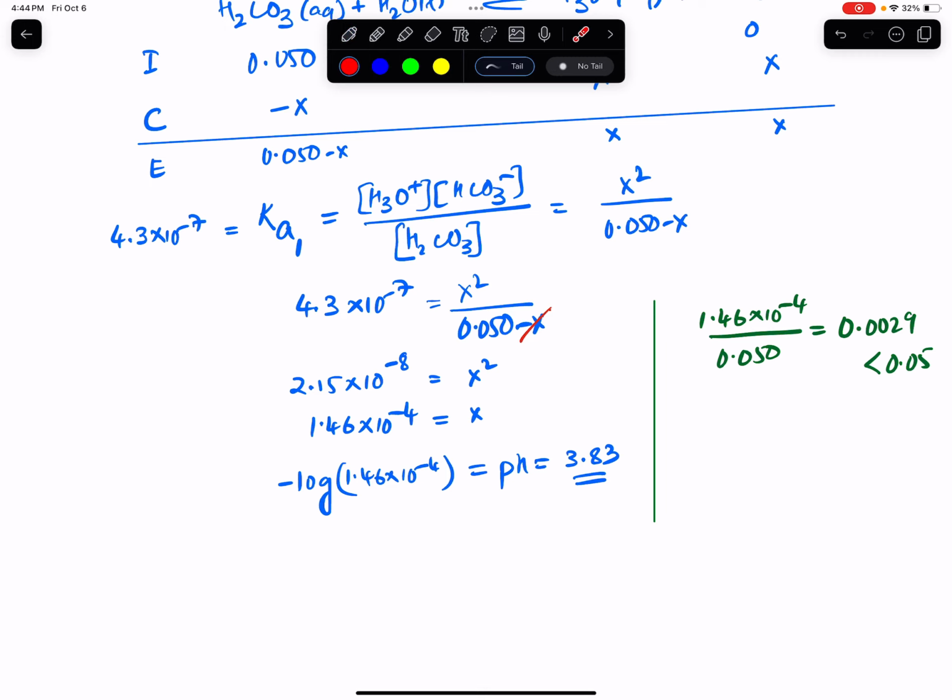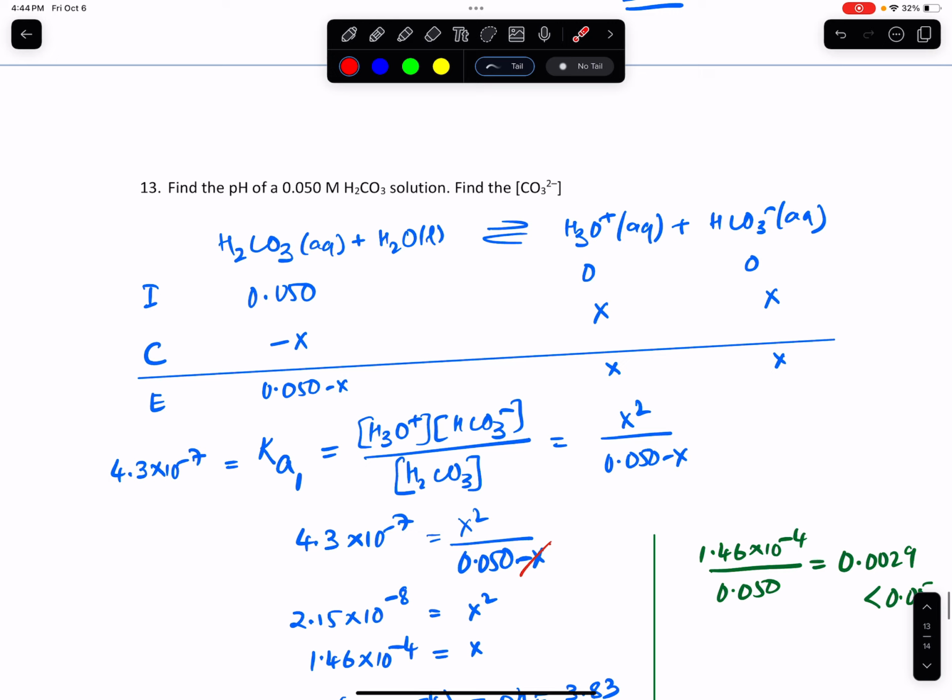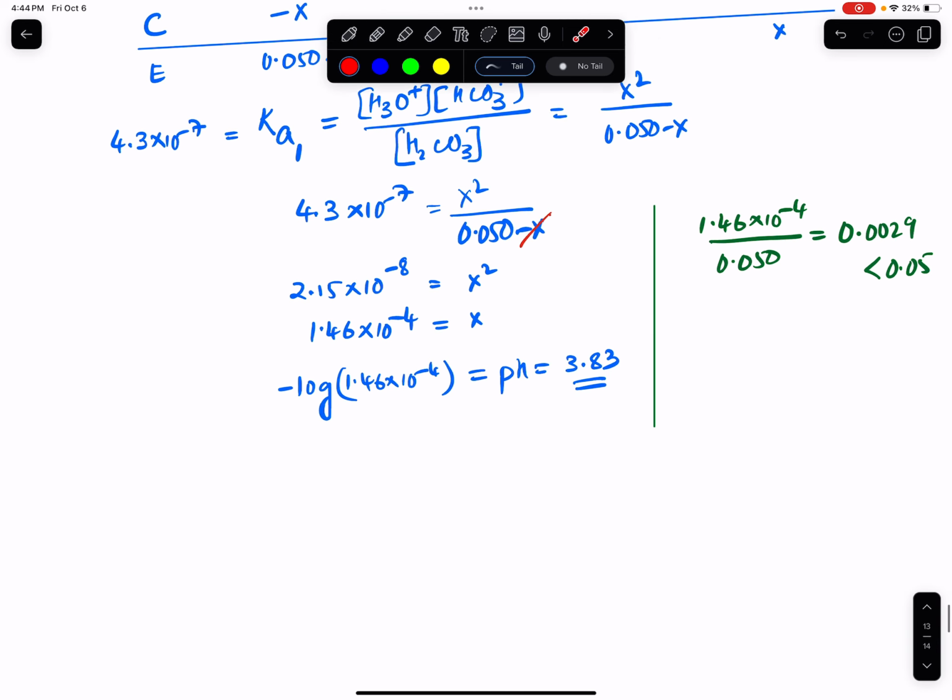So now the second part of the question is asking us for the CO3 2- ion concentration. As you can see, we don't have that in this equation anywhere. So what that means is that we have to take this species and ionize it in the second step. So that is the second ionization. So let's draw that out.